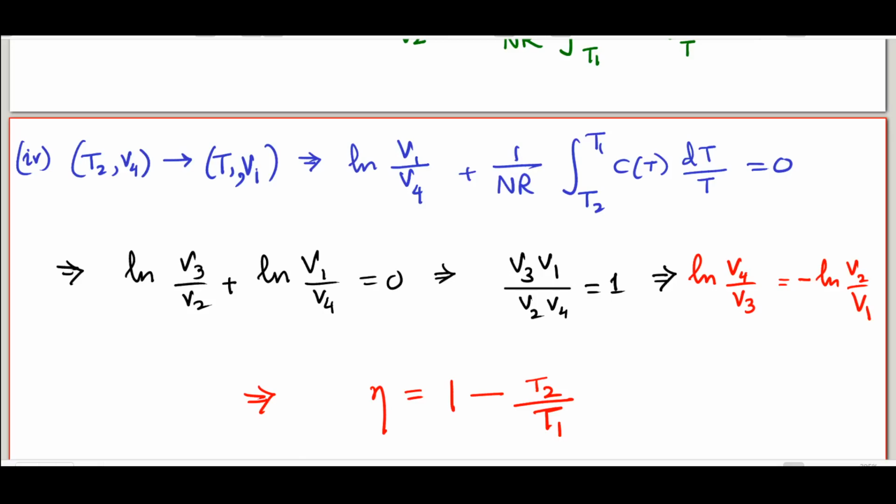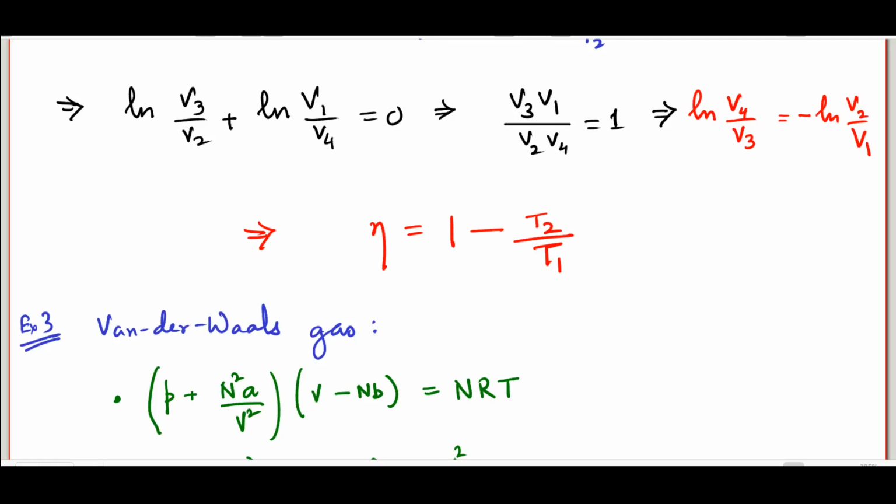As our final example, at least in today's lecture, we are going to work out the efficiency of yet another Carnot cycle. This time a Carnot cycle which uses as its working substance a real gas, a gas which obeys the van der Waals equation of state.